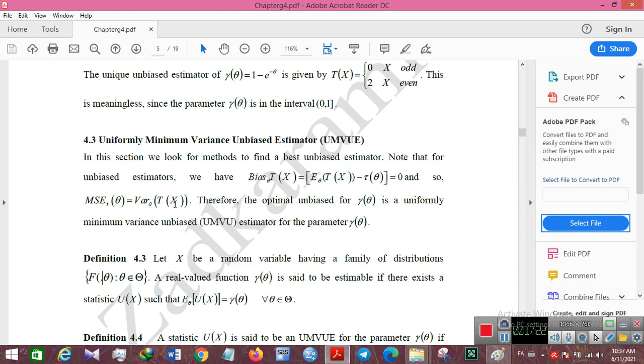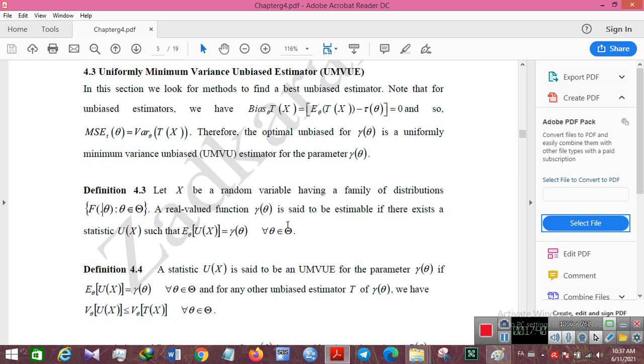So the best estimator in the unbiased class is the estimator which has minimum variance, or uniformly minimum variance, which we call UMVUE. We define: if X is a random variable having the distribution f(x), we say gamma(theta) is estimable if there exists a statistic U(X) such that the expectation of U(X) is gamma(theta).